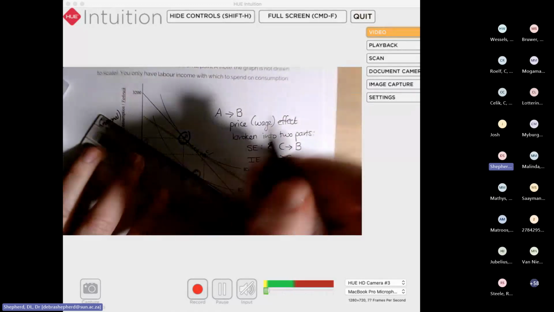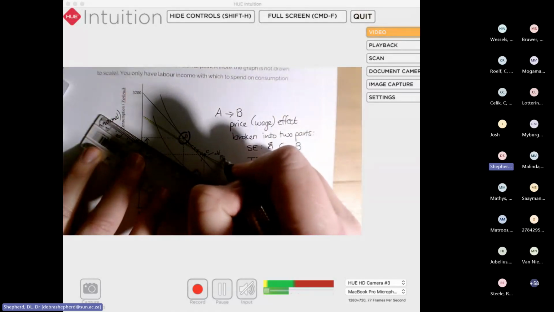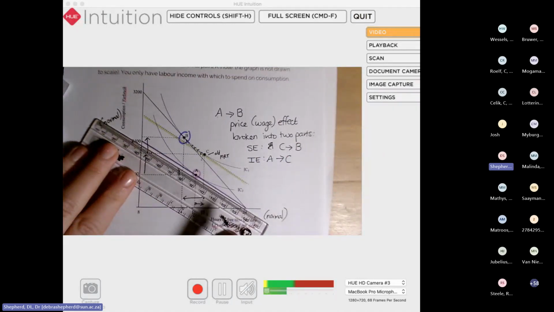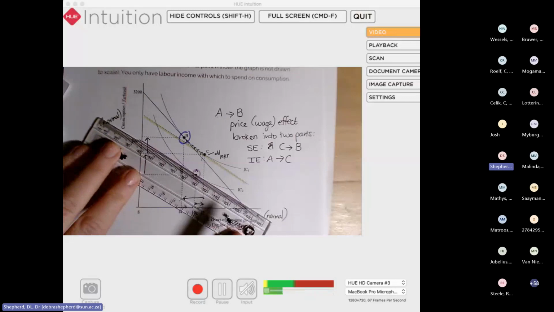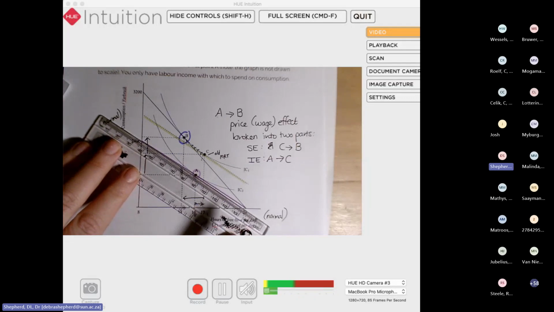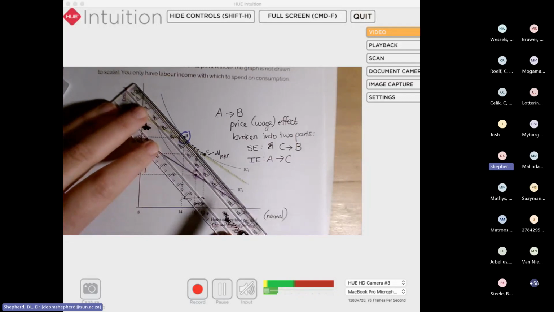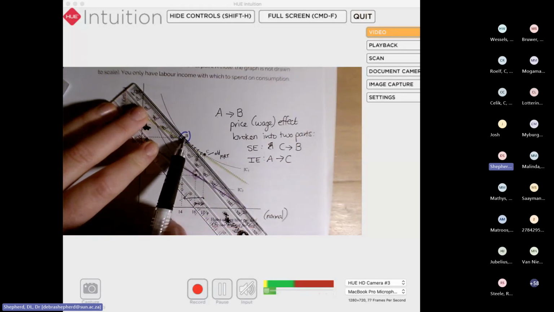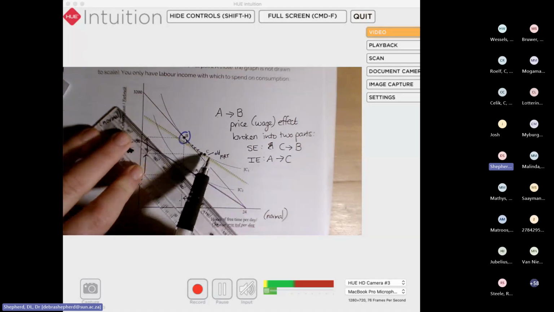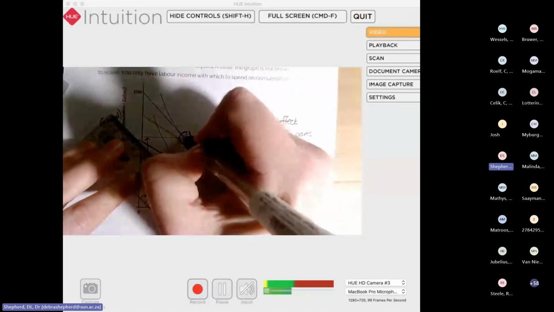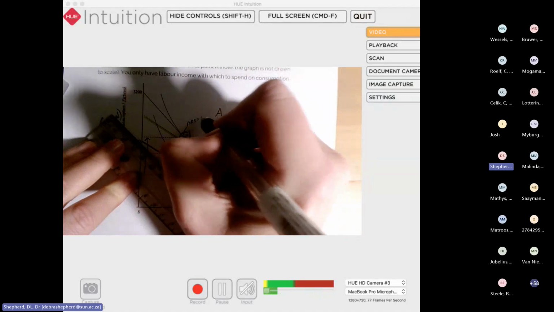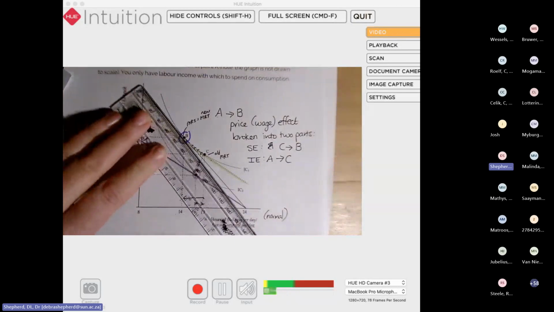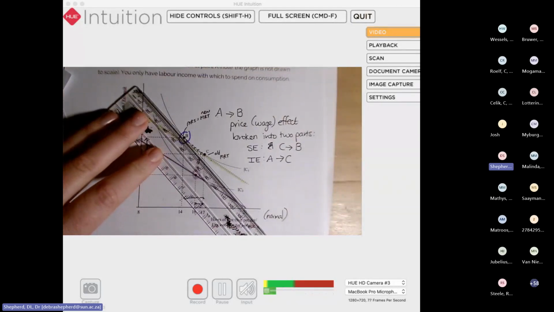So this is using the old MRT. But what we know is that the wage rate has actually changed. So the marginal rate of transformation is no longer represented by this slope. It's represented by that slope, which is why we substitute away from C towards B, because we need to make sure that our MRS is now equal to our new marginal rate of transformation. So this represents the new wage rate.